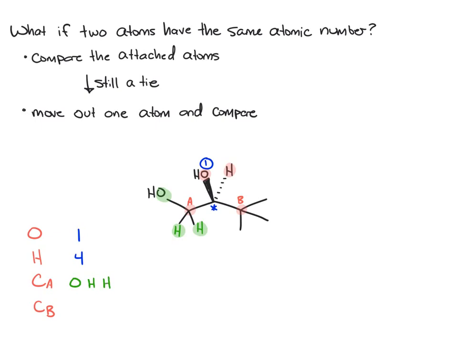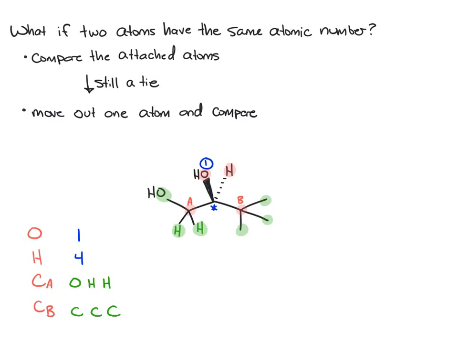Okay, now let's look at carbon B and see what atoms are attached to it. On carbon B, we have a carbon, and a carbon. What you want to do is look at all of these atoms and see if anything wins by atomic number.